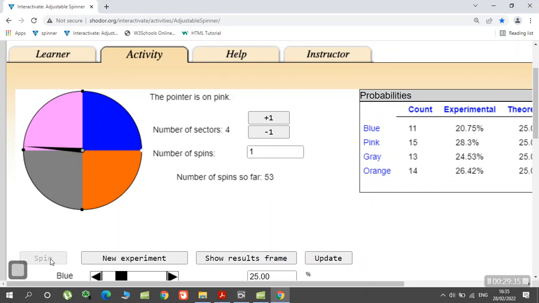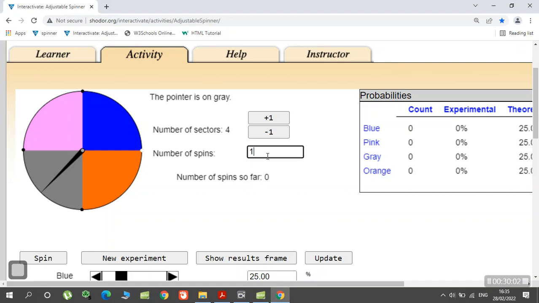So when you spin it more, you get more results, and the experimental probability changes all the time. The theoretical probability is all the time 25%. An interesting fact here: when you spin it more times, the experimental probability gets closer to the theoretical probability.